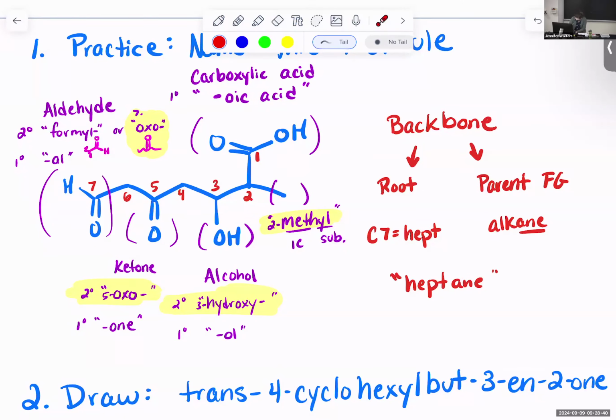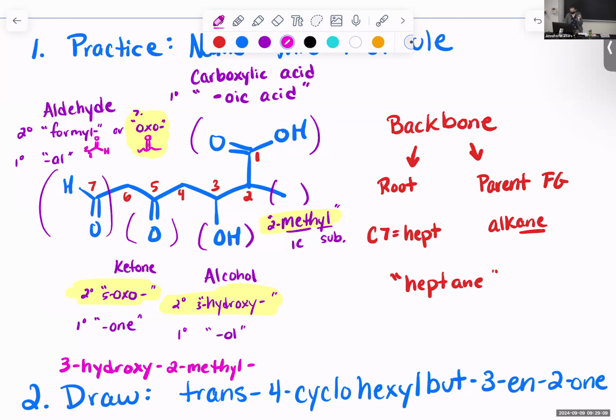H, the hydroxy. So that gives me 3-hydroxy. What comes next? The methyl. So then I get a dash, because you always have dashes between your letters and your numbers. Dash 2-methyl. What am I going to do with my oxos? Group them together.